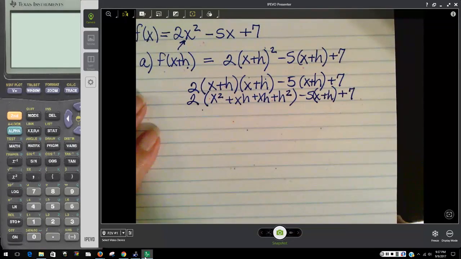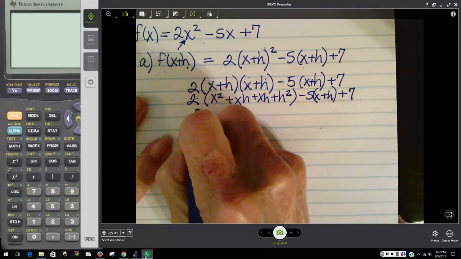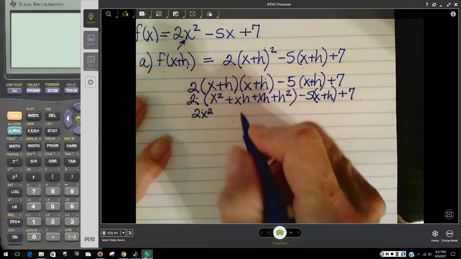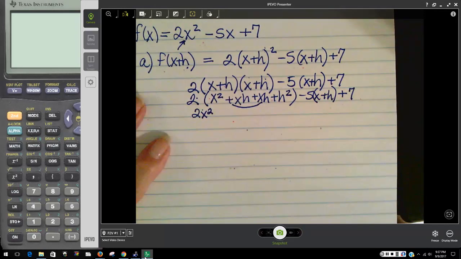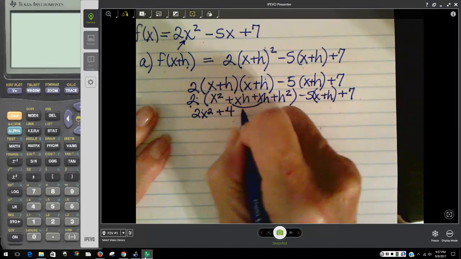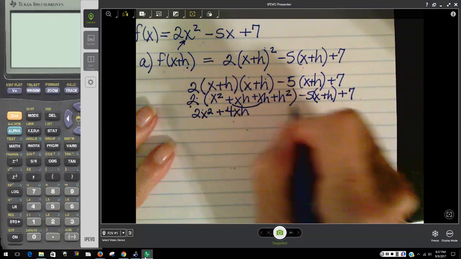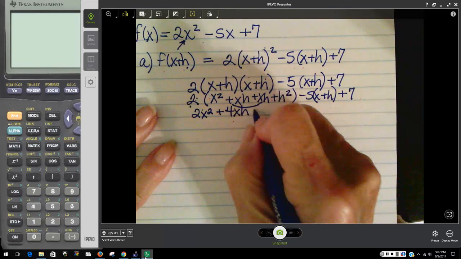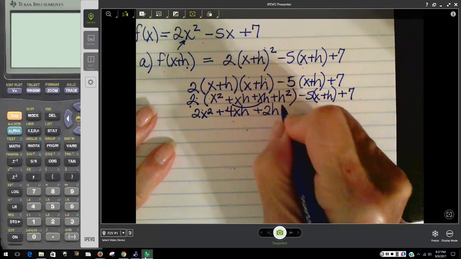So then 2 times x squared is 2x squared. xh and xh can be combined to call it 2xh. And 2xh times 2 gives us 4xh. And then 2 times h squared is 2h squared.